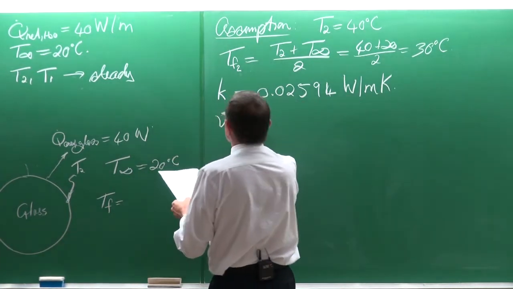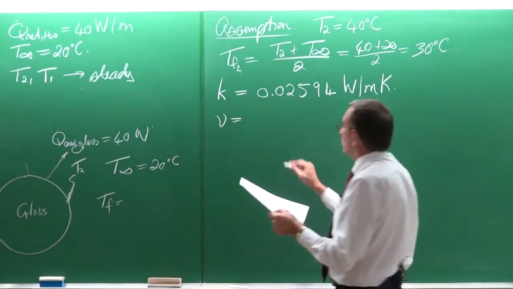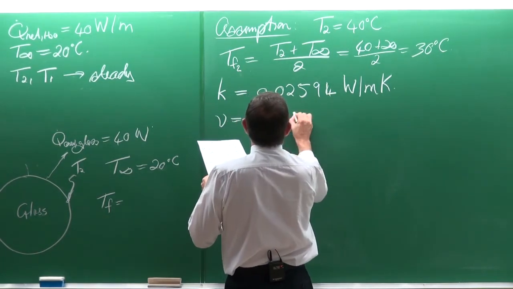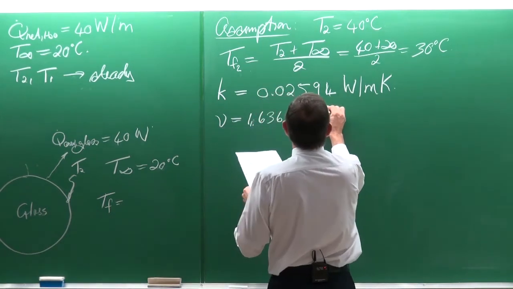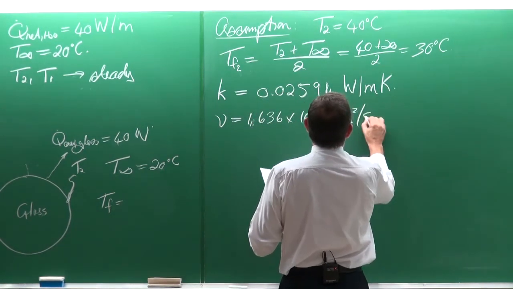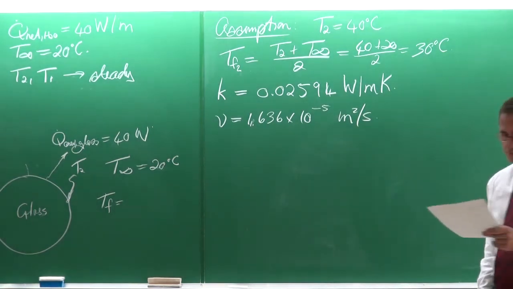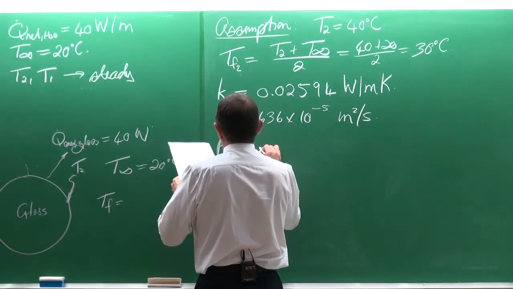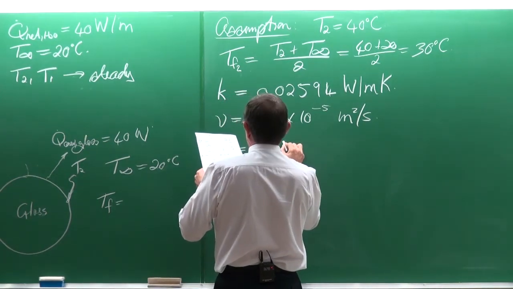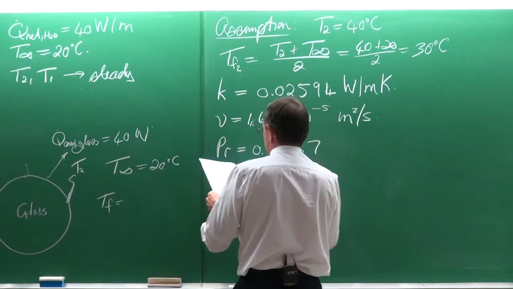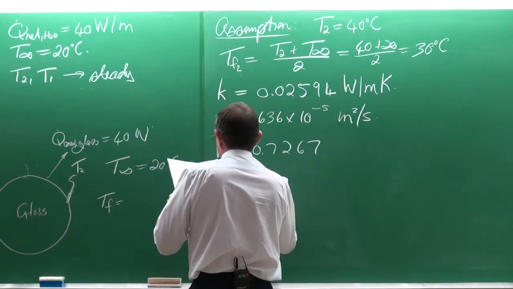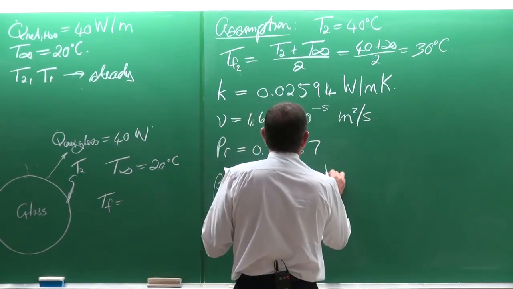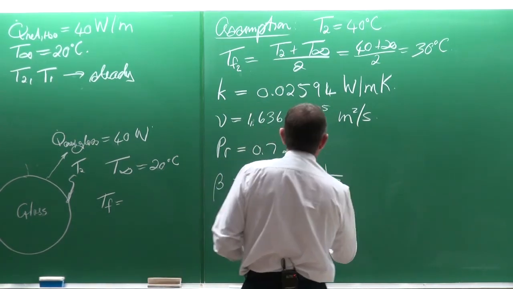The kinematic viscosity is equal to 1.636 multiplied by 10 to the minus 5 square meters per second. The Prandtl number is equal to 0.7267, and beta is equal to 1 divided by the film temperature, and that is equal to 1 divided by 303.